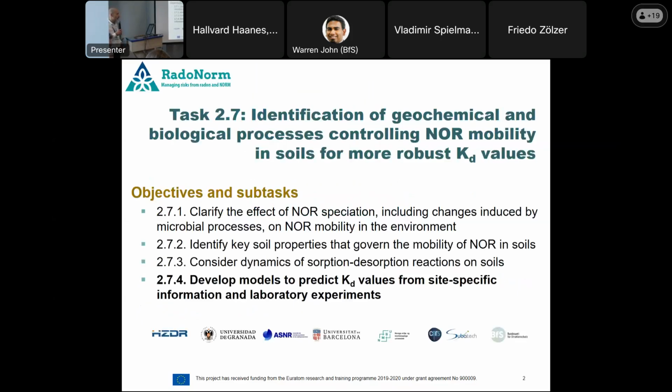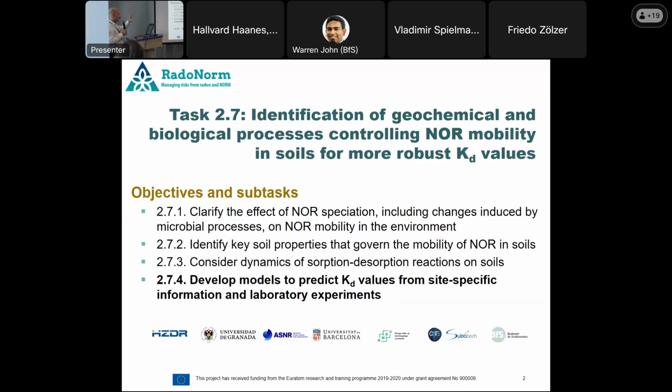To put you in context, this work has been carried out within task 2.7 that acknowledges the main role of KD as a relevant input data for many radiological risk assessment approaches. The main aim of this task is to understand better the behavior of a number of naturally occurring radionuclides such as polonium, radium, or uranium, and, through a better understanding of the interaction with soil matrices and other matrices of environmental interest, to be able at the end to predict and to obtain more robust KD values.